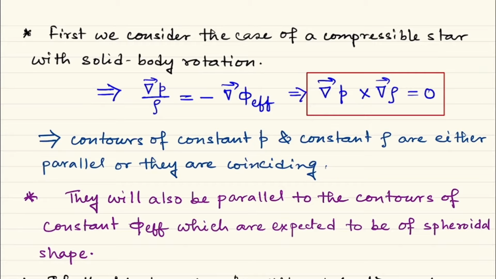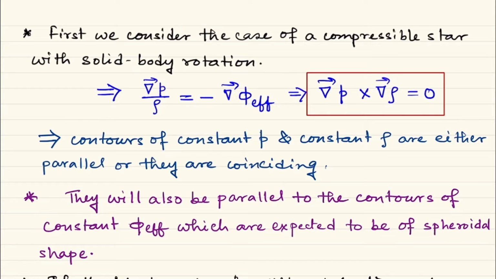If we take the curl on both sides, the right side is zero because it is a pure gradient term with zero curl. The curl acts on the 1 by rho term and gives minus gradient of rho by rho square, so the whole curl is gradient P cross gradient rho by rho square, equal to 0.